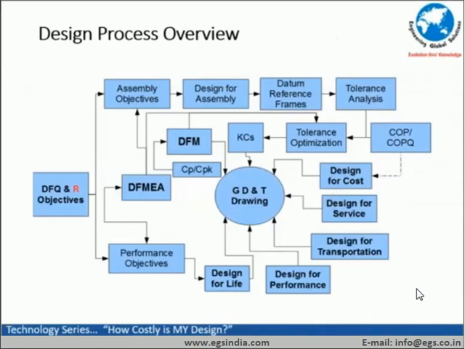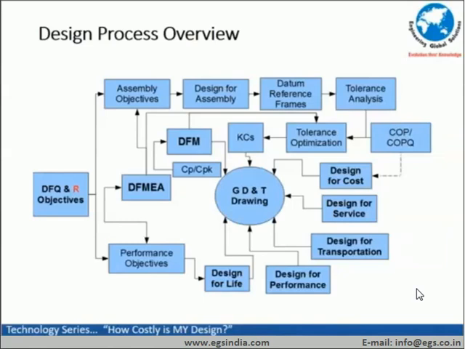Now, coming back to the same design process overview, if you look at it, the assembly process, if the components are all going to be brought in and the sequence of assembly is going to be done inside and the fixturing is going to be done in-house, then all those costs have been taken into consideration. The datums and their sequence will help you in the setup time, which again is a cost influencer.